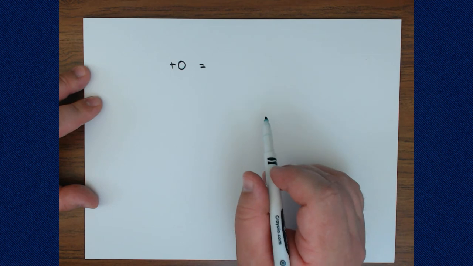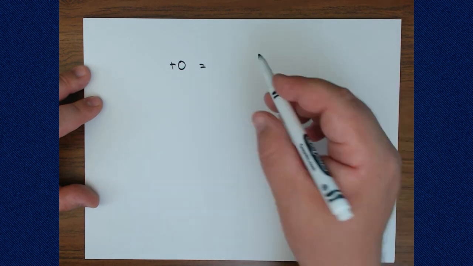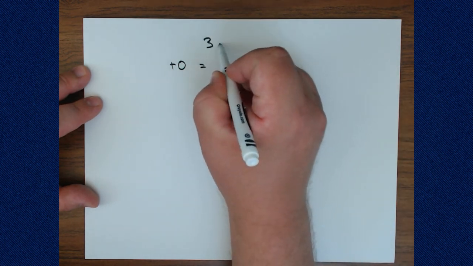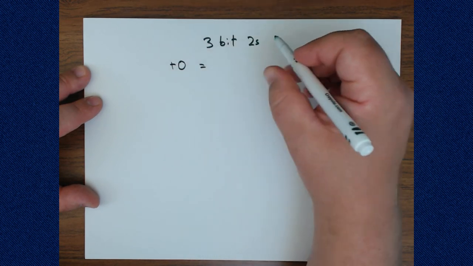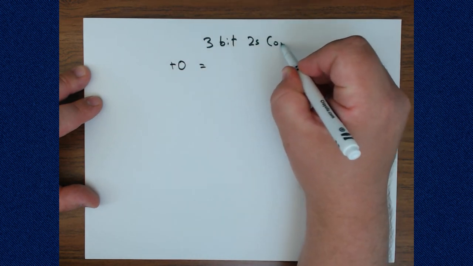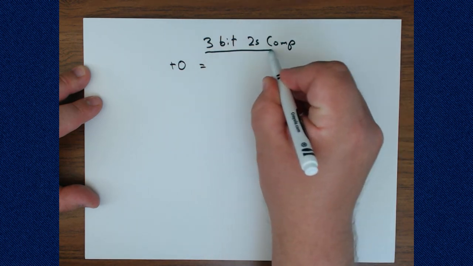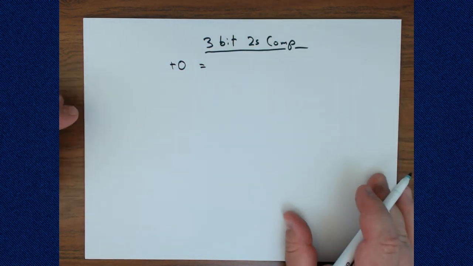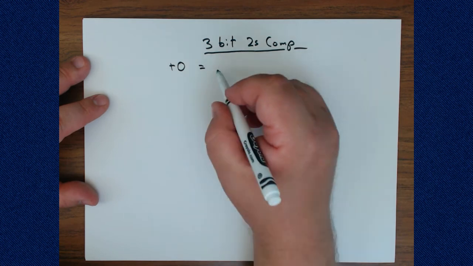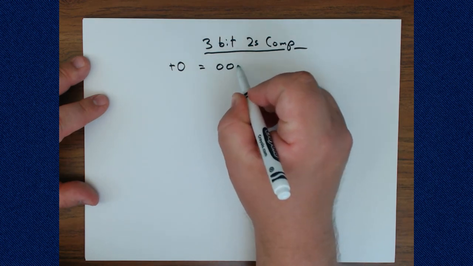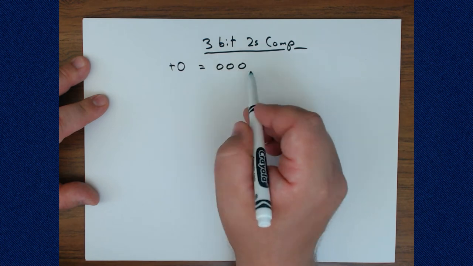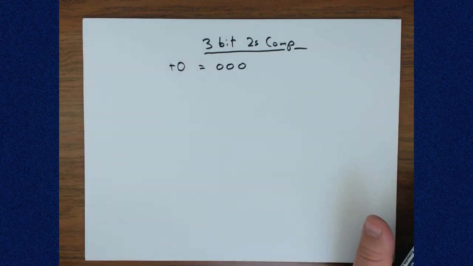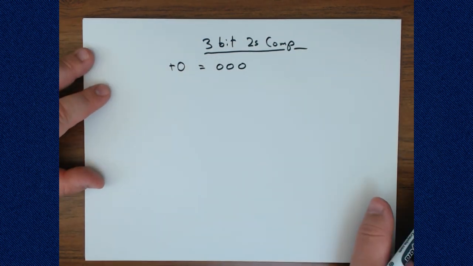For this example, we'll go back to the 3-bit 2's complement scenario, just to have fewer bits to deal with. If I take positive 0, that's going to be the bit pattern 0, 0, 0. It's positive, and so we know we can just take the whole thing as the magnitude, unsigned. Great, we've got positive 0.